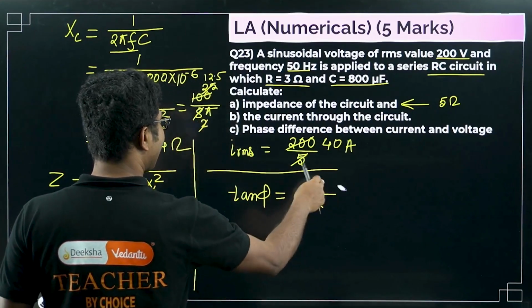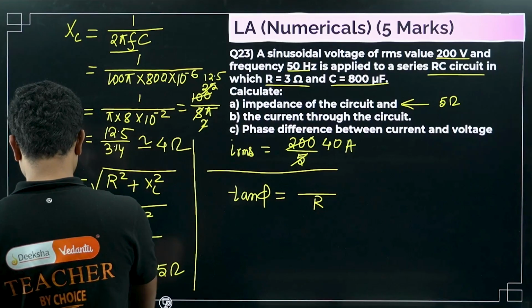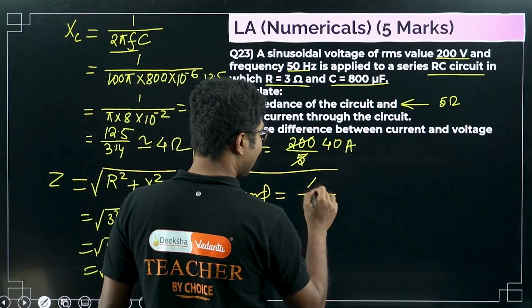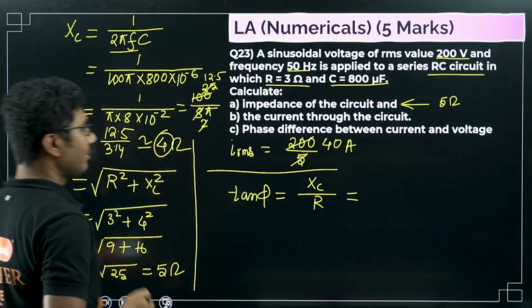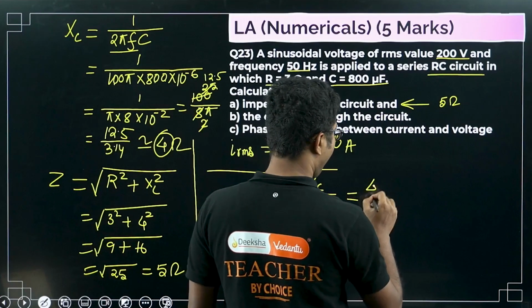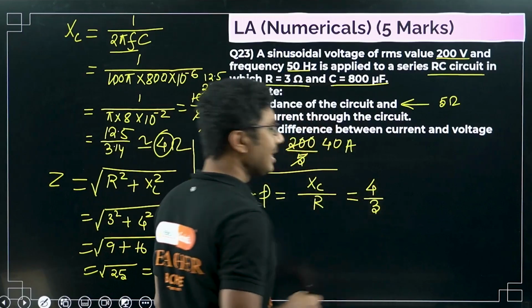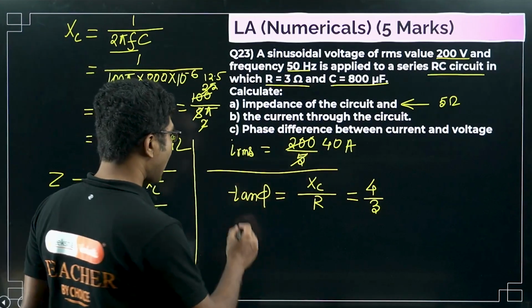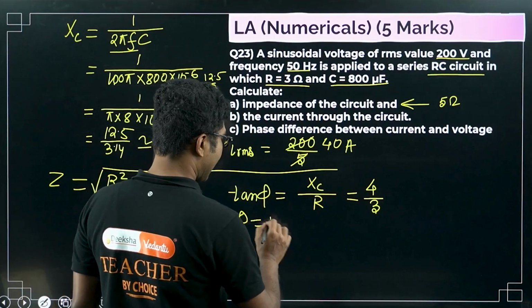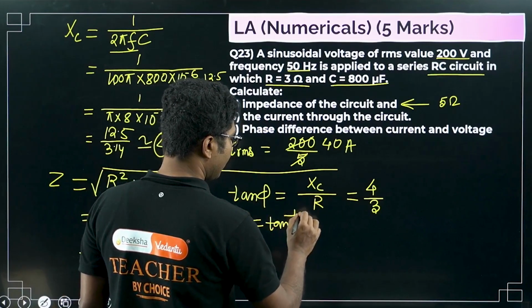So our answer will be XC by R only. XC we know is 4, and R is 3. Just put the values: tan phi equals 4 by 3, so phi equals tan inverse 4 by 3.